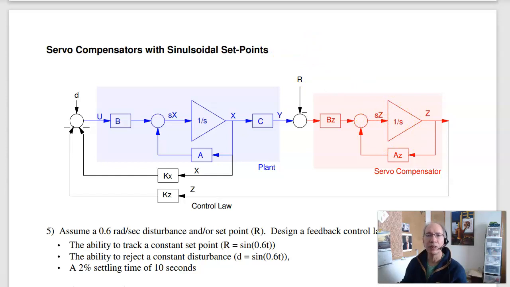If you do the transfer function, it'll be something over s squared plus 0.6 squared. At 0.6 radians per second, this is 1 over 0, gain's infinity. Infinite gain means the input's got to be 0, so that 0 times infinity is a constant. That integration constant is how much cosine, how much sine do I need to apply to bias the input to force the output to track.